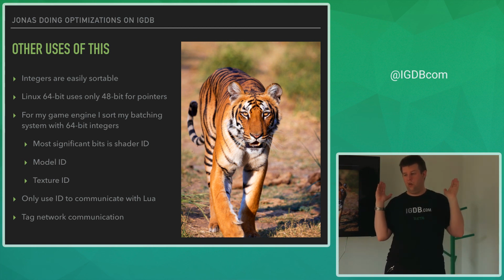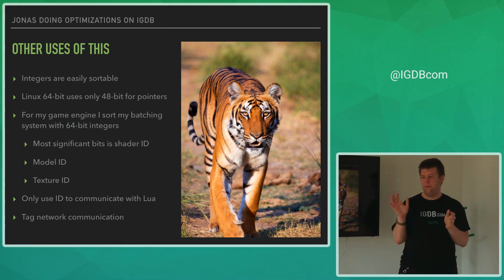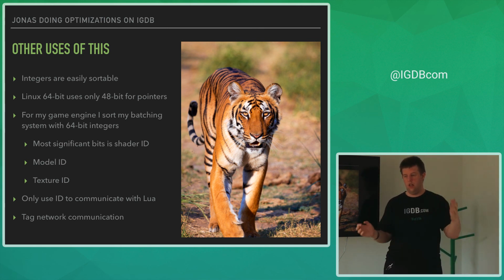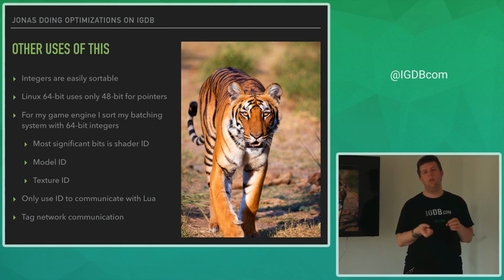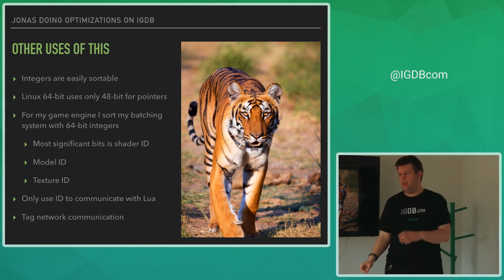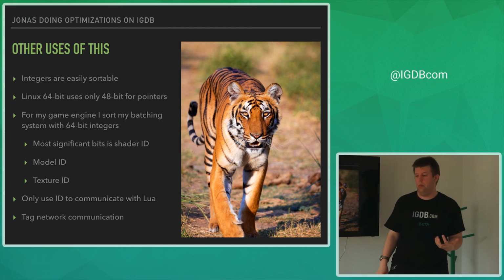This seems like, oh, I just discovered integer data, but let's see here. 64-bit Linux, for instance, is only using 48 bits for pointers, and the remaining 16 bits can be used for whatever they feel like. For my personal game engine, I'm sorting my batching system with 64-bit integers.